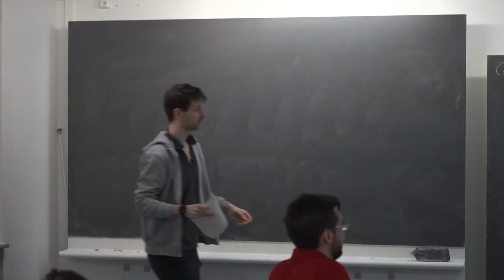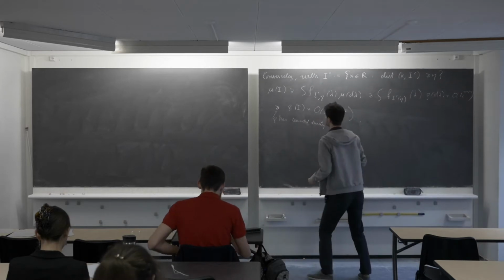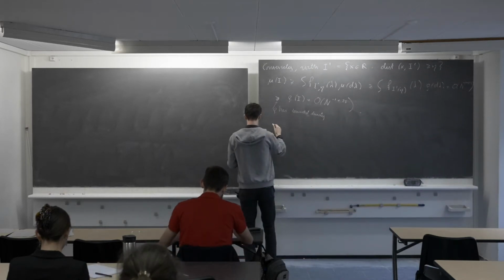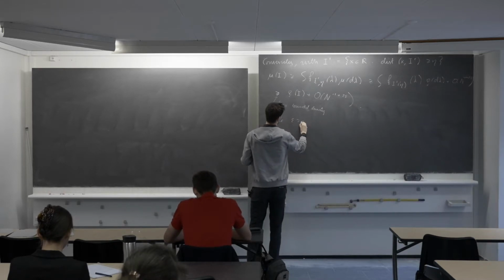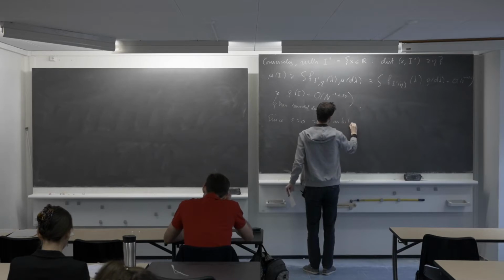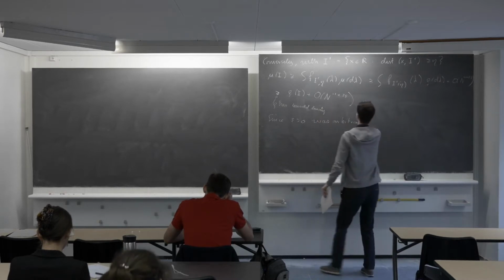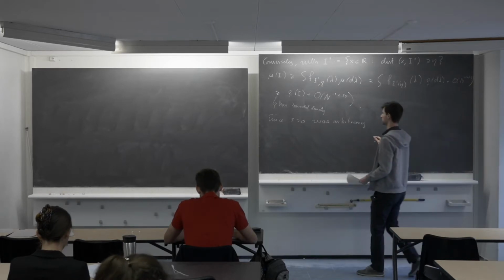Okay, so let me continue with this argument and conclude it. So maybe just a summary of what we got. This epsilon that kept on hanging around and appeared in all estimates was arbitrary.